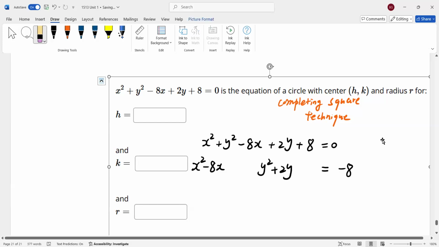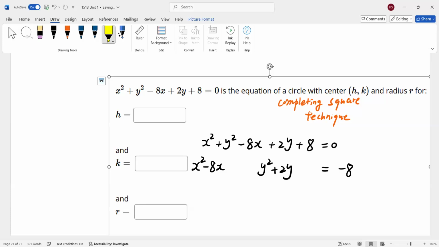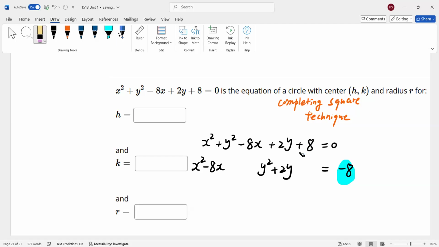If we move a term from the left side to the right side, like I move this blue term, we have to change the sign as well. If it was positive on the left side, it has to become negative on the right side. You don't have to know that, but if you know, it's going to be very efficient. If you don't know, it's fine. You just need to subtract 8 from each side of the equation to get that done.